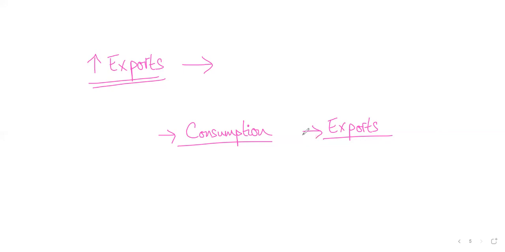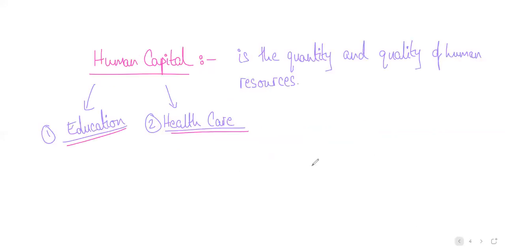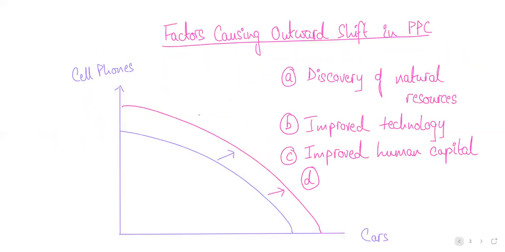But for both, you are using the same pool of resources available in your country. Does it make sense? So your ability to produce has already been accounted for in this PPC diagram.